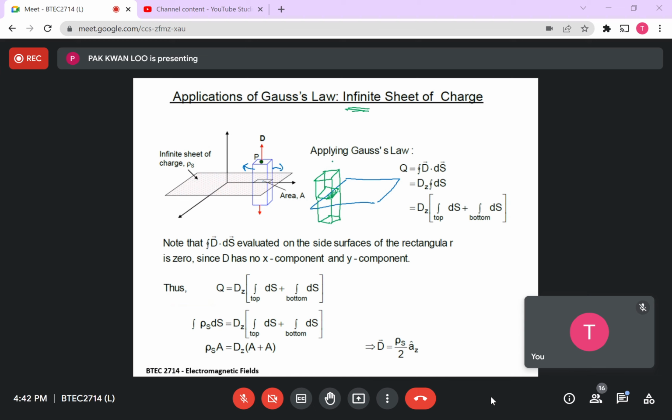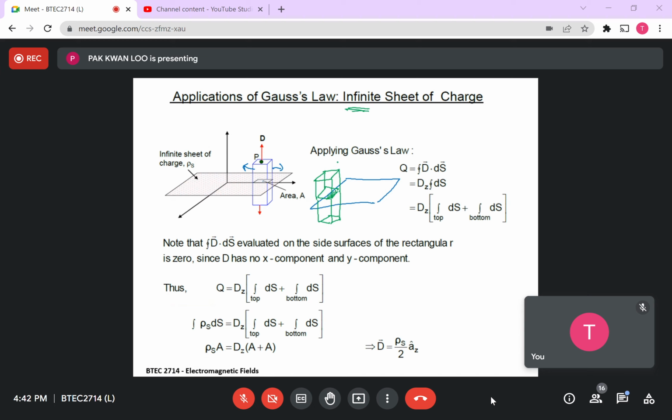If from any point of view it does not obey symmetrical charge distribution, then the Gaussian surface fails.